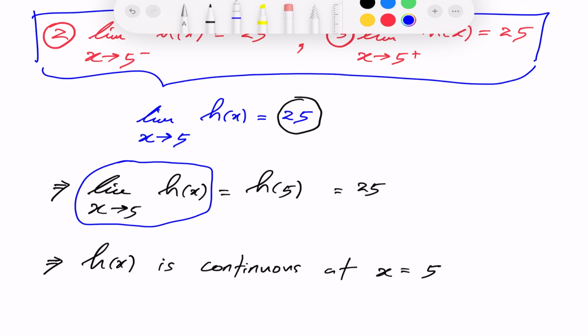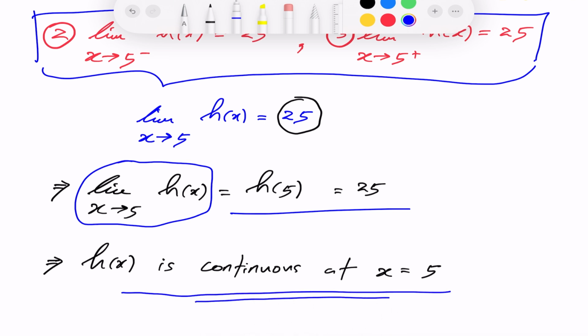You may write the limit as x approaches 5 from the left hand side of h of x is equal to the limit as x approaches 5 from the right hand side of h of x is equal to h of 5, and everything is equal to 25, and therefore we conclude that h of x is continuous at x equals 5.